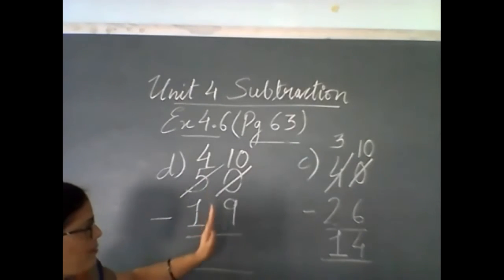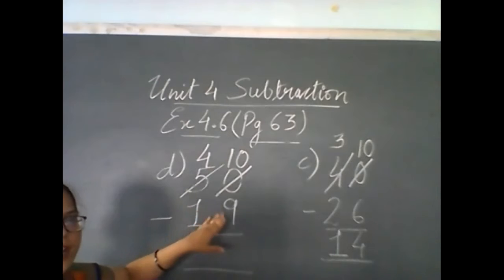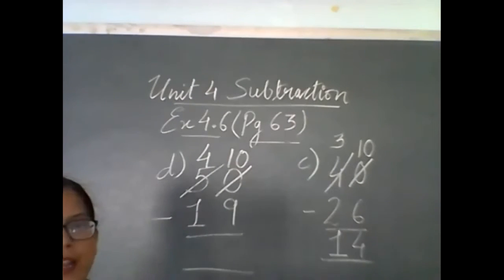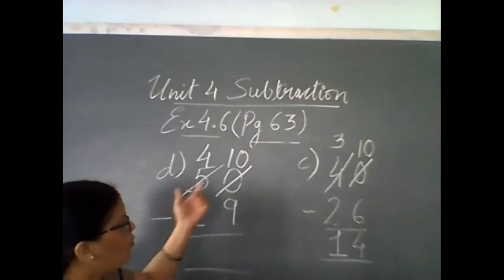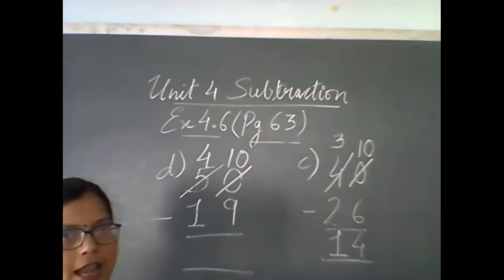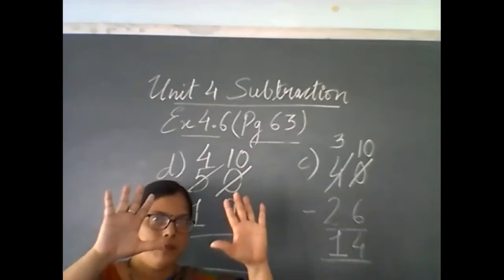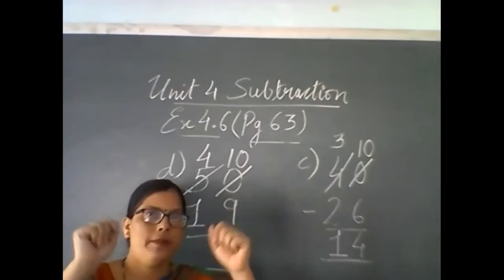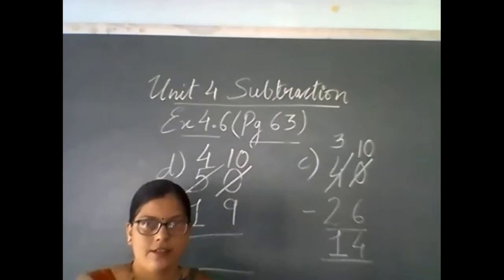1's place and 1's place. Now we have to subtract 10 minus 9. Arifa Khadun, what will be the answer? 10 minus 9. Show me your finger. What will be the answer? Solve. Yes.